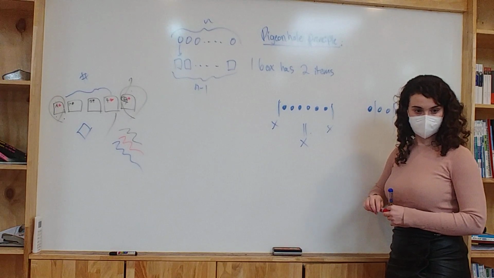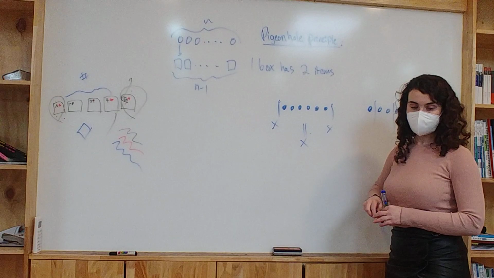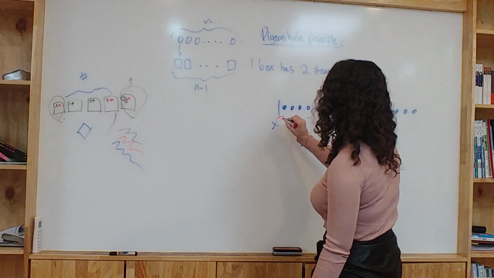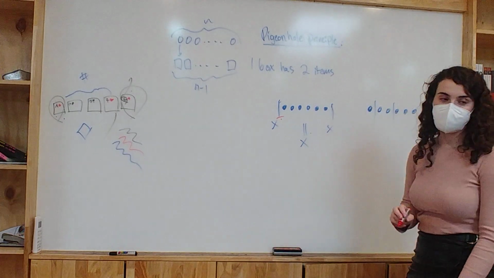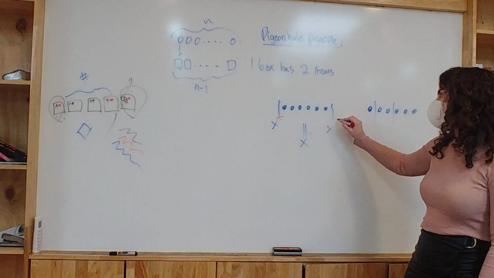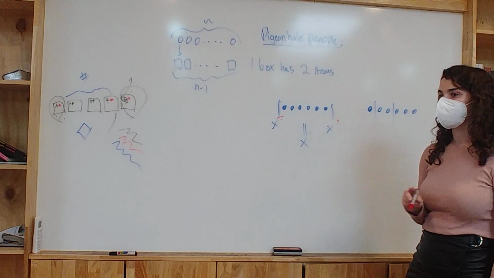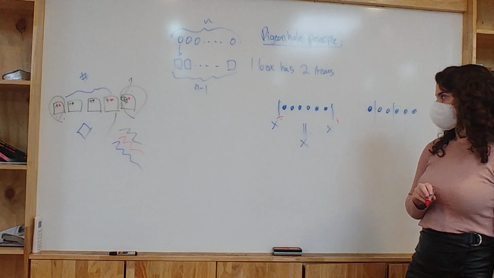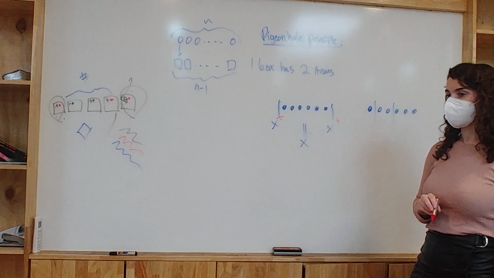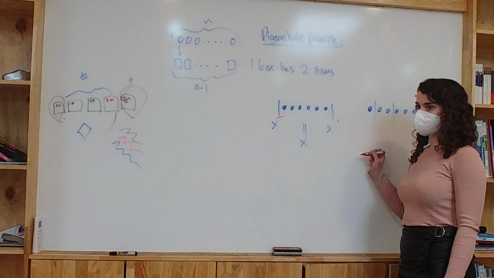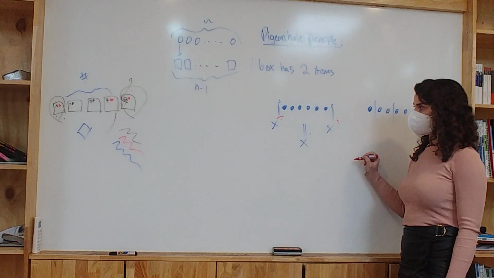So it's like anything where this is here is bad. And how many other places are there for this guy? 6. 7, right?